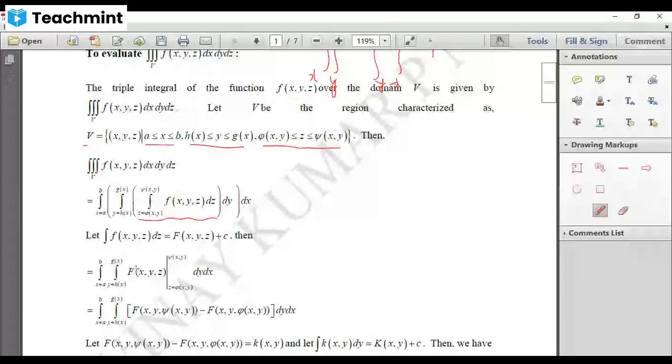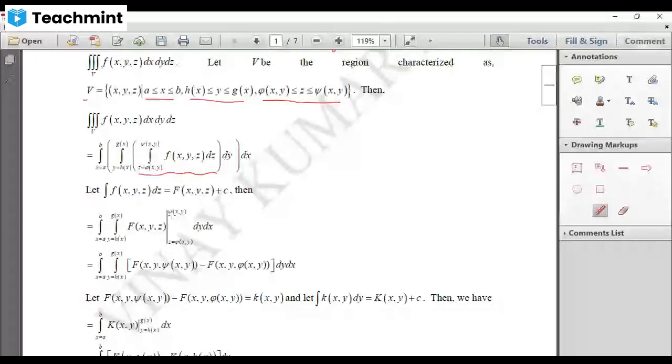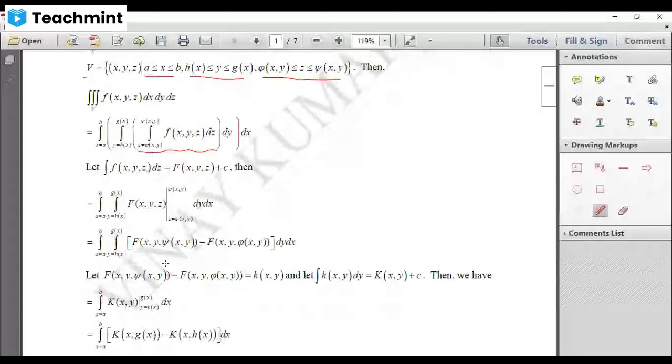What is your z? Z varies from phi of xy to psi of xy. So apply the upper limit. You'll get F of x, y, psi of xy minus F of x, y, phi of xy. Now, this expression involves only variables x and y. Let us say we have simplified this and the answer is some k of xy. And this is the function which involves x and y.